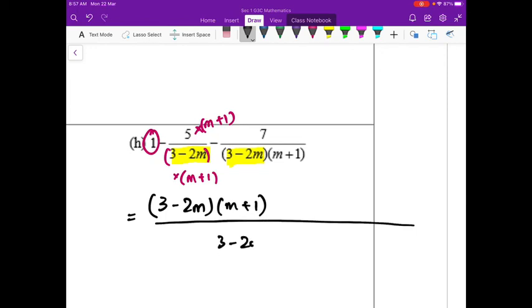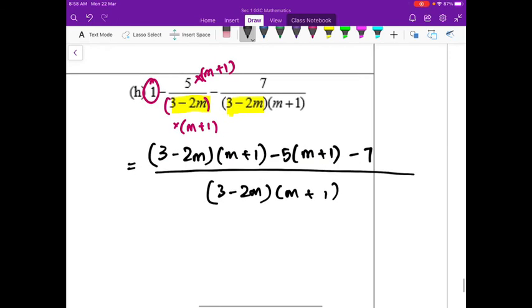3 minus 2m, m plus 1. Now in the second fraction, minus 5 times m plus 1. Then minus 7. And then you go and expand. Expand using a rainbow for the first two linear terms multiplied to each other.